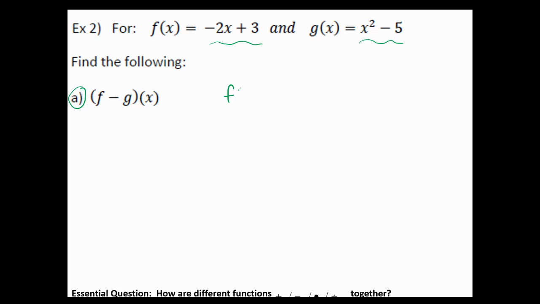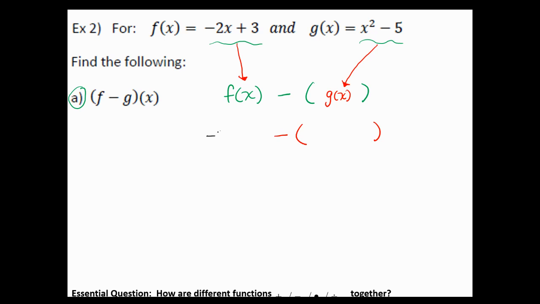So that just means take the f of x function minus parentheses. Remember how I told you that every time I do a subtract, minus the g of x function. So this function goes here, this function goes there, and there's a minus parentheses in between them.